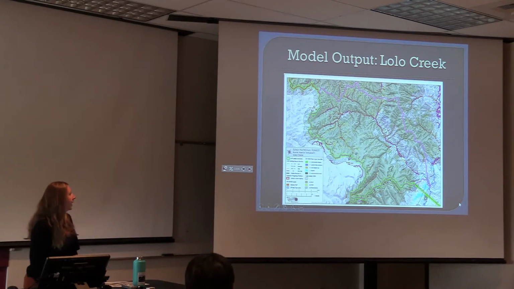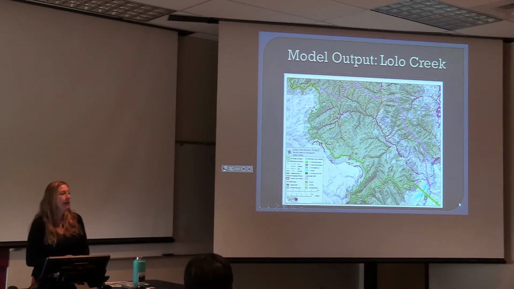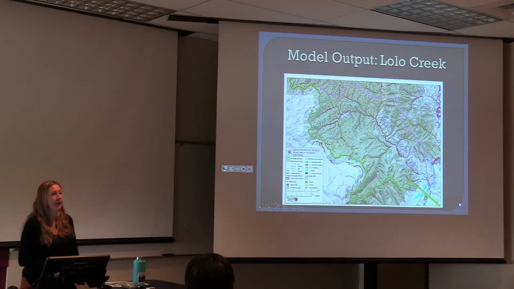But what you're looking at is the Lolo Creek watershed right here, and these areas that are green and yellow are essentially the best habitat that was identified for beavers to exist. So, does it have enough food for them? Is the valley wide enough? How steep is it? That type of thing.